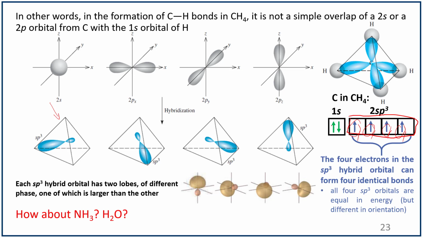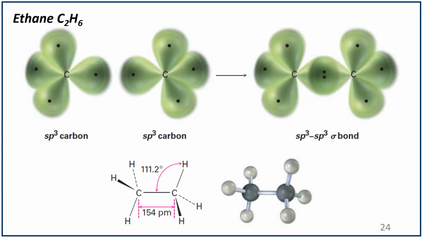Anything with a tetrahedral electron pair geometry should be sp3 hybridized. So for example, the nitrogen in ammonia and the oxygen in water are both also sp3 hybridized.